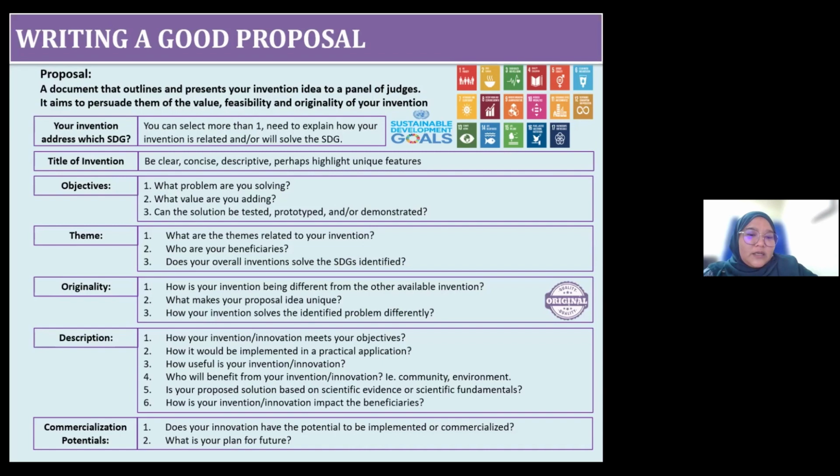In originality, usually you may have an existing product, so you have the idea to make the existing product better, for example much cheaper or much easier to build.